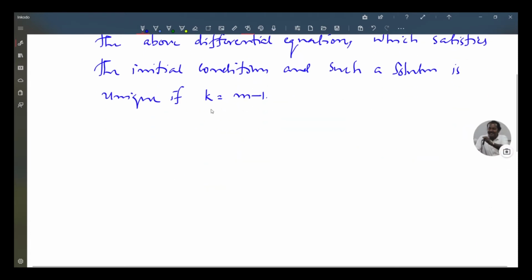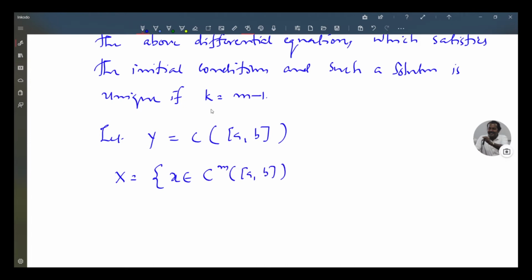So let Y = C[a,b], X = the set of all x in C^m[a,b], the set of all m times differentiable functions satisfying the initial conditions x(a) = etc. = x^(m-1)(a) = 0.